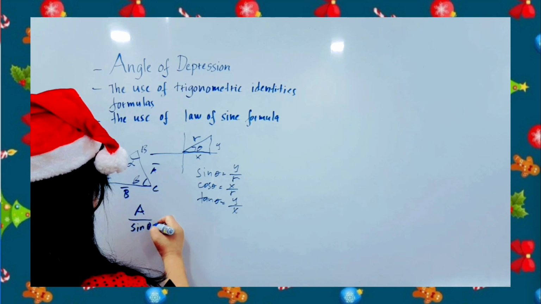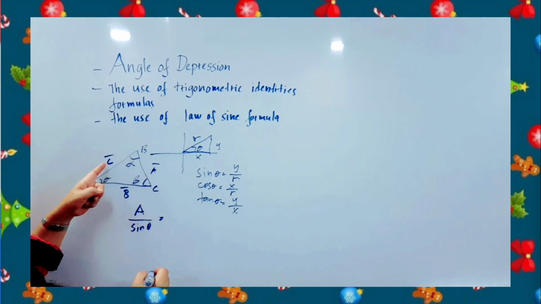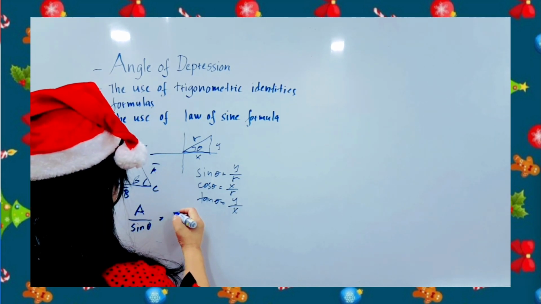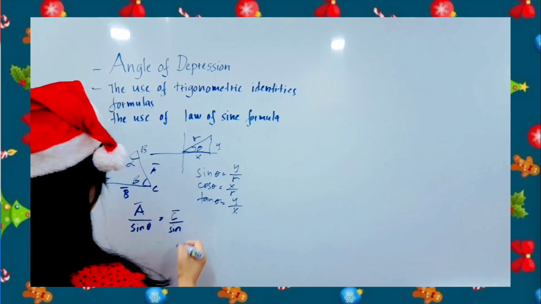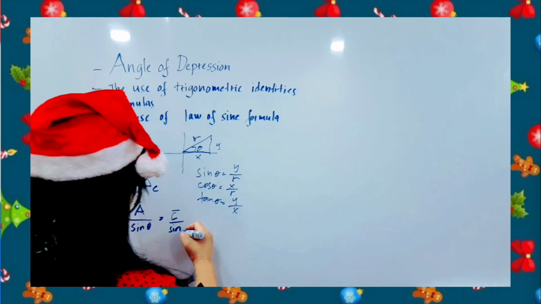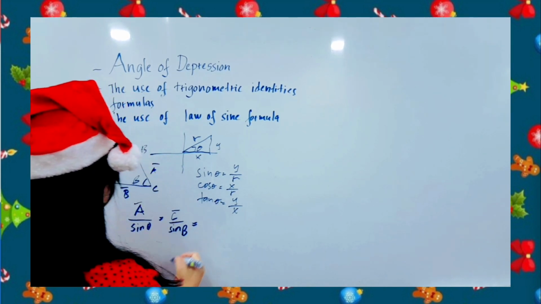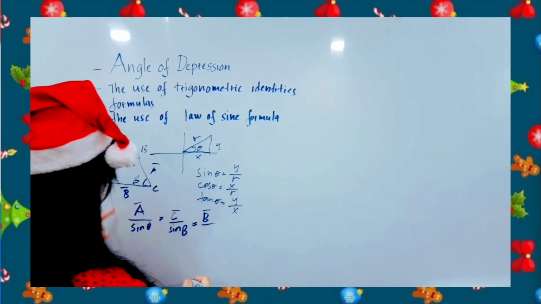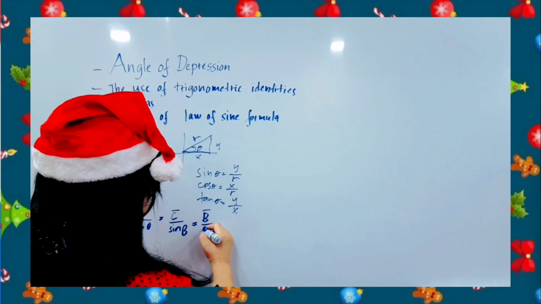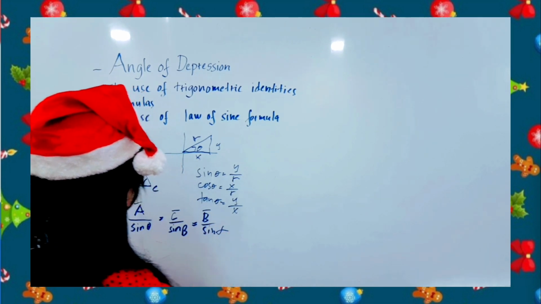The angle is alpha, and then, for example, side C over the opposite angle of side C, which is sine beta, and side B over the opposite angle, which is sine alpha.